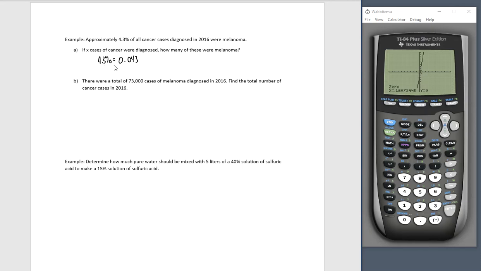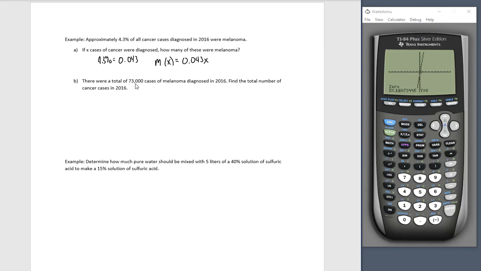There are 2 zeros in 100, so 2 places would put it here. So our number of cases of cancer, actually it's not cancer, this is melanoma that we're diagnosing here. The number of cases of melanoma in terms of the number of overall cancer cases will be 0.043 times x.